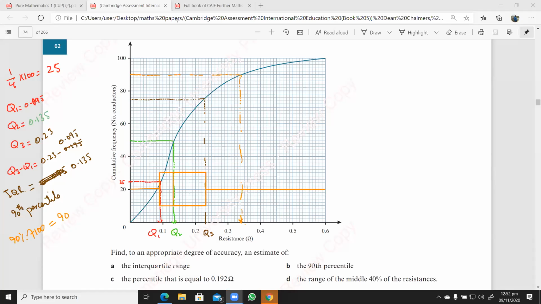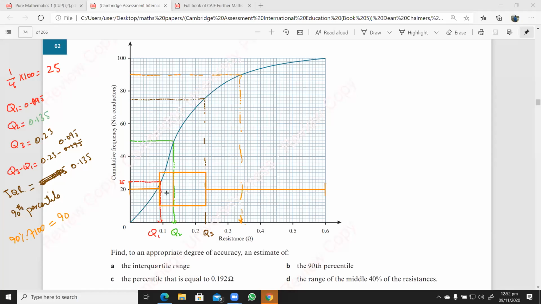So this is the whisker. And here you need to draw a line as well. You have to keep a fixed length, like I'm keeping this as 4 small boxes here, okay? So this one is my box and whisker plot.